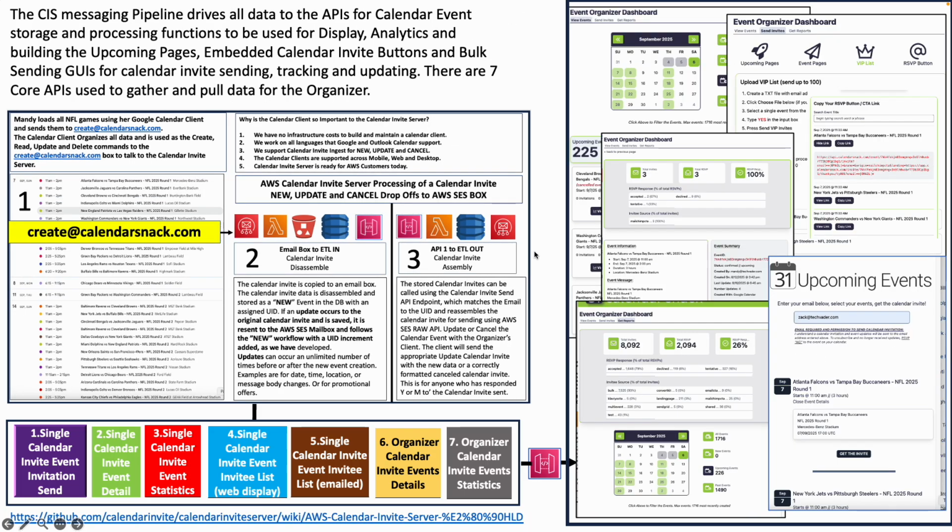But just as important, the organizer is using their personal calendar or business client to pump data in and out in a live stream pipeline for calendar invite information to be updated.